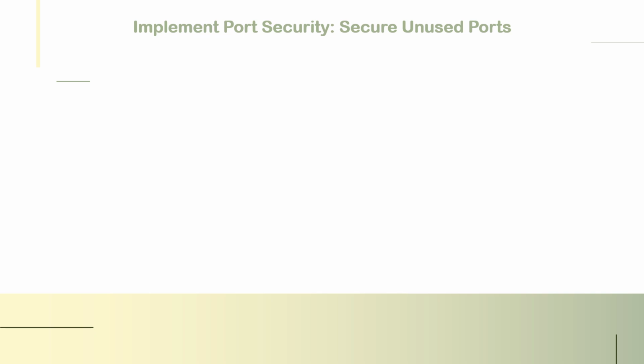You have to navigate to each unused port and issue the Cisco IOS shutdown command, or if a port must be reactivated at a later time, it can be done with the no shutdown command.